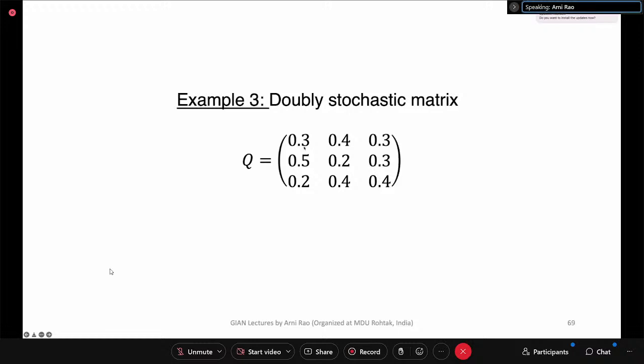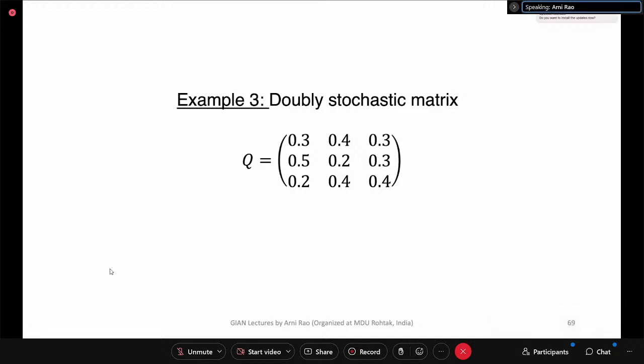But when each column sum is also 1, see that here 0.3, 0.5, 0.2, the sum is 1. Here 0.4, 0.2, 0, the sum is 1. And the sum of each row is also 1. So this is stochastic on both sides. Double means both sides, doubly stochastic.